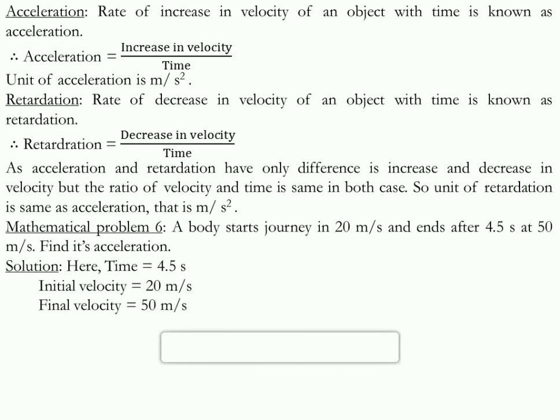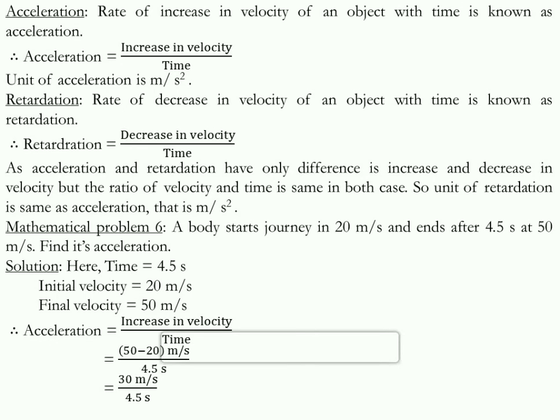So here it is given, time is 4.5 seconds, initial velocity 20 meter per second, final velocity 50 meter per second. Now as we know, the formula for acceleration is increase in velocity divided by time. So how can we find increase in velocity? We can find increase in velocity by the difference of final velocity with initial velocity.